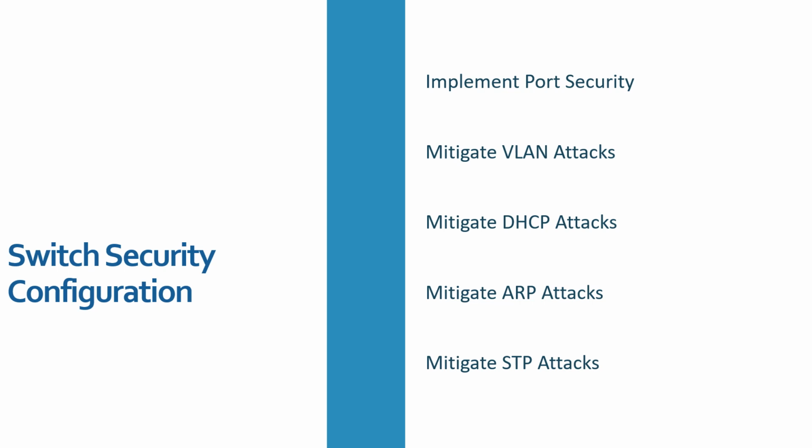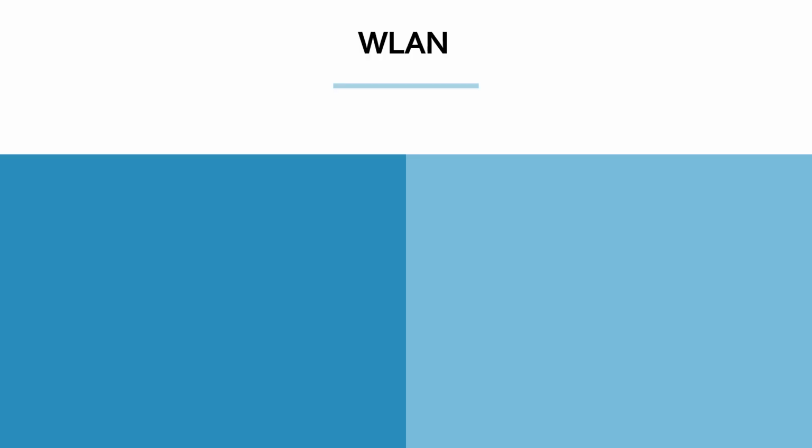Since we are studying networks in this module, it is important to understand how wireless LAN works and all its concepts. For the wireless LAN, we will explain how wireless LAN enables network connectivity.